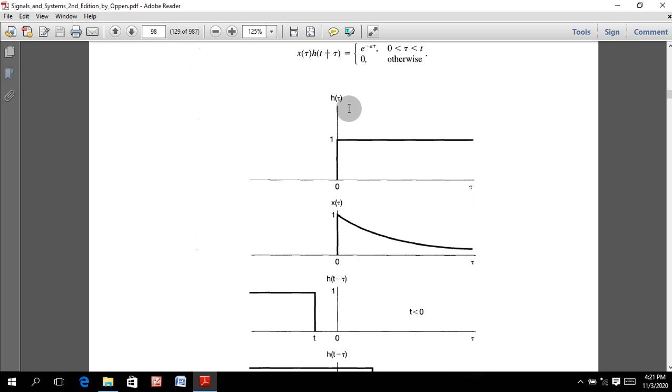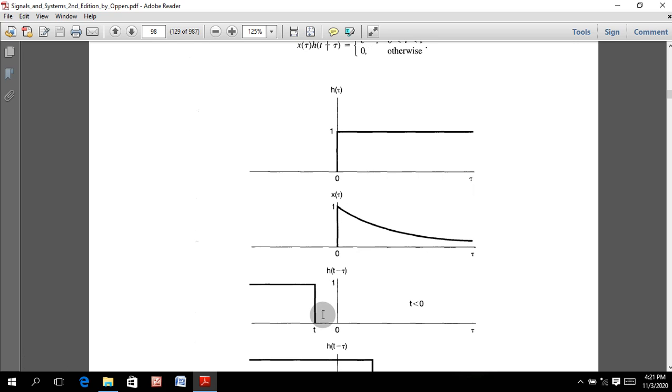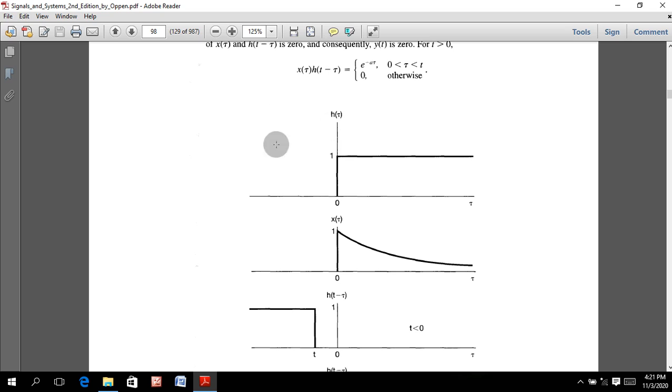We first reverse it and we get this. As we have added plus t, it will be advanced. It is not going to advance, right? This is the h tau, this is the h t minus tau.